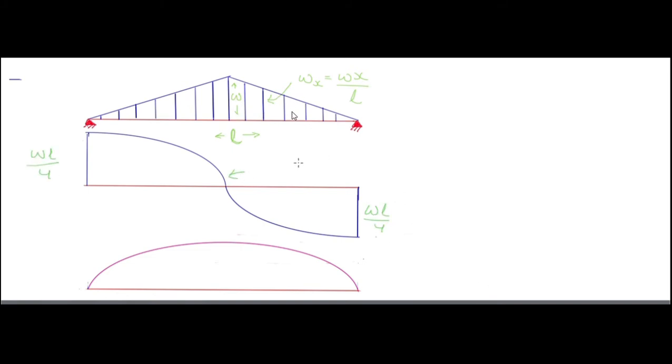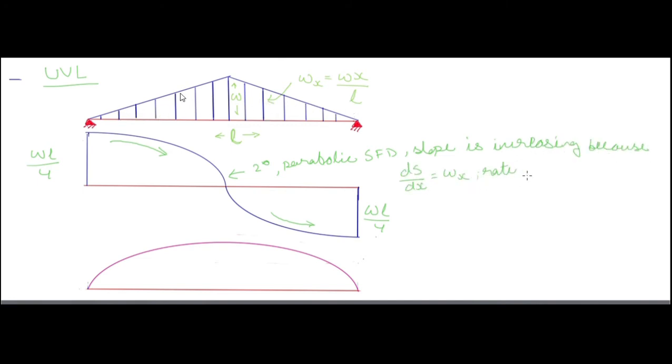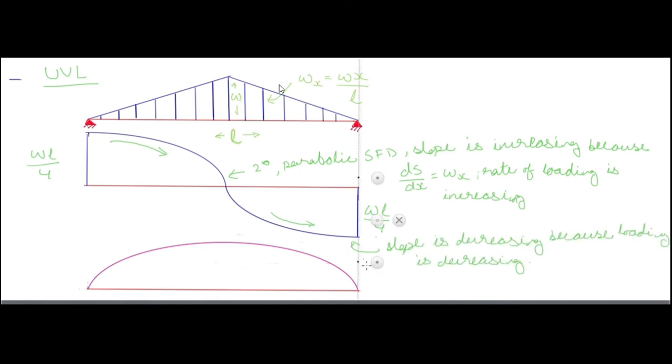Now at the middle portion we have W, the highest value of the loading, and along the length the load is varying uniformly. So at any point X from the midpoint we have loading Wx equal to the highest value of load W into X by the whole length.